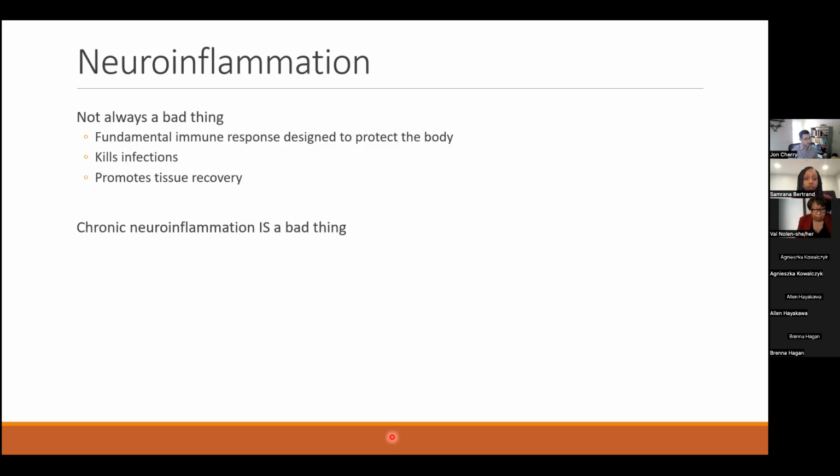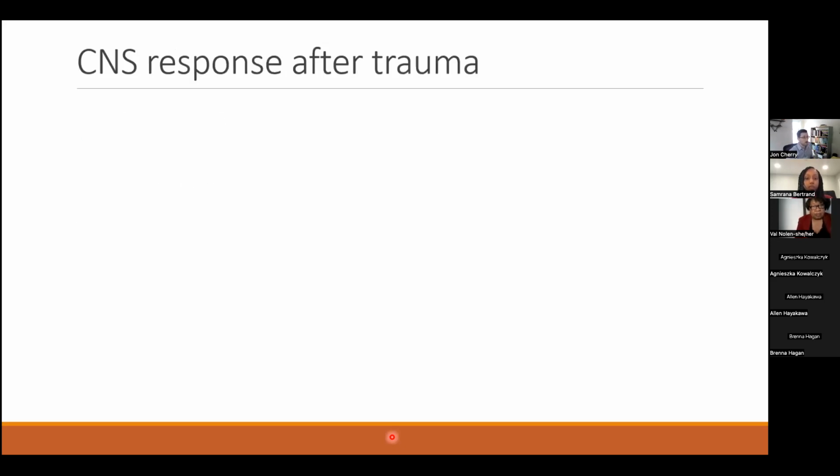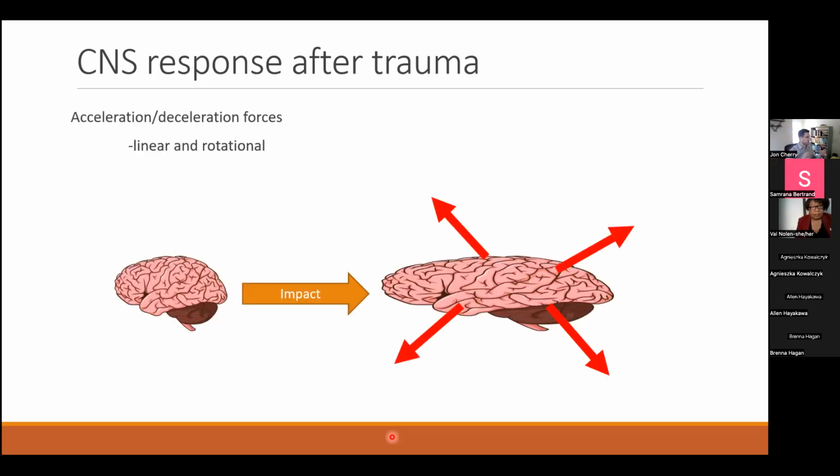Chronic neuroinflammation that occurs over long periods of time and doesn't get downregulated, that's a bad thing. Now, we know that head trauma causes inflammation. How does that occur? Work by Dr. Lee Goldstein and several others here at BU has shown very eloquently that there are acceleration and deceleration forces that occur when you get hit.